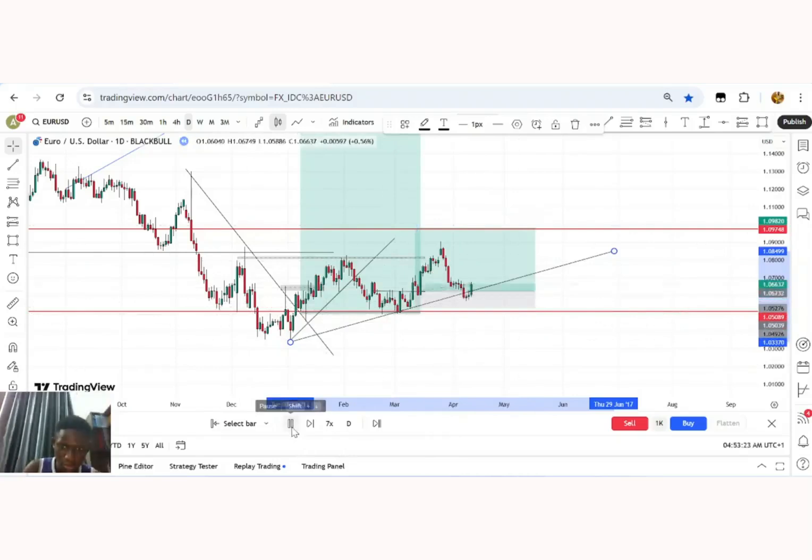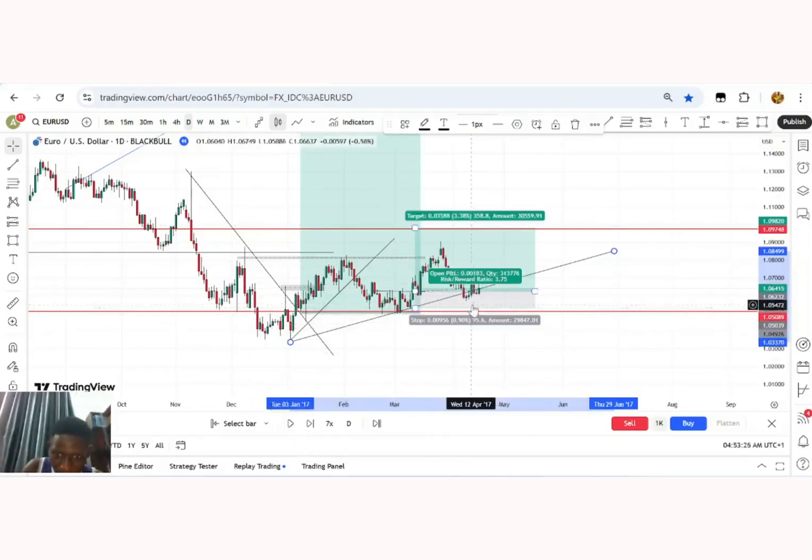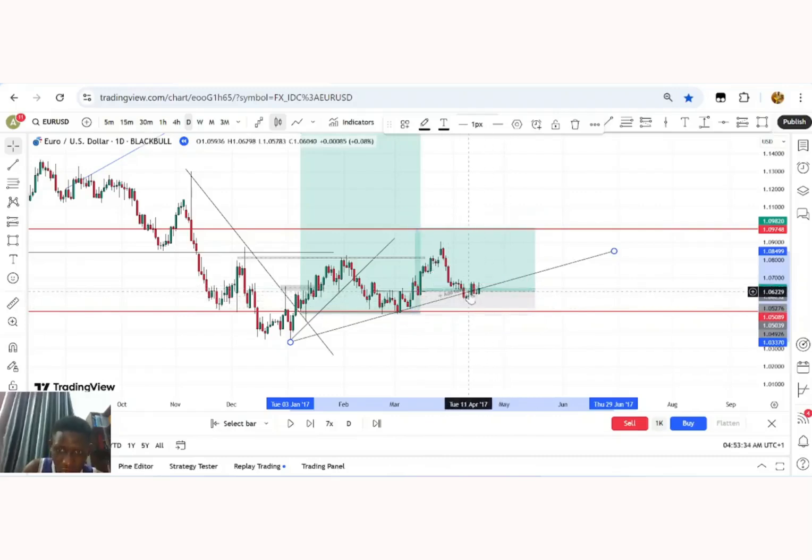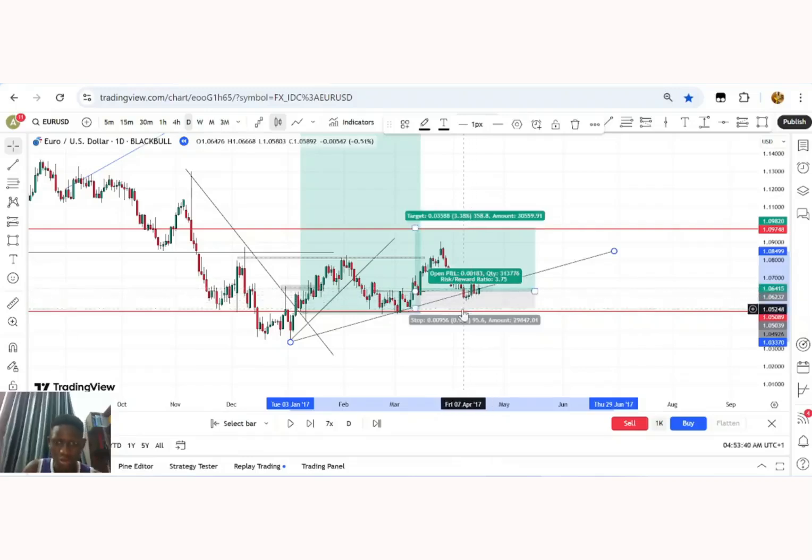So you can see the market broke out from this, but the next candle, what happened? It was reacting at this trend line. So you just want to wait for a good reaction at this trend line. The second candle did not just drop, so you are still in this position. Why? Because this one broke down, but then this other candle, you just know that this point is a point of interest.